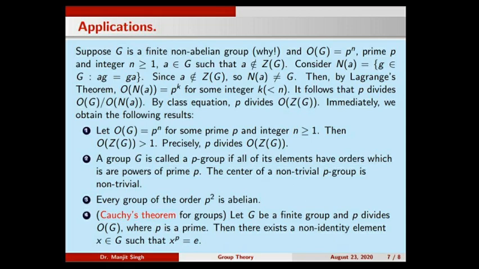If the order of the center is p, in this case you find an element a belonging to G which is not in the center, and in that case the normalizer of a coincides with G, and that will be the problem when we consider the non-abelian case, because the center is different from order of G. So this is the contradictory statement, and therefore every group of order p squared is abelian here.